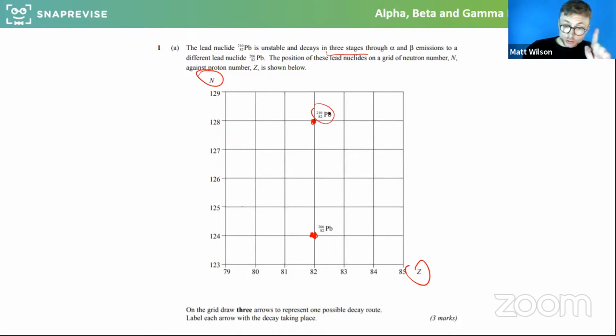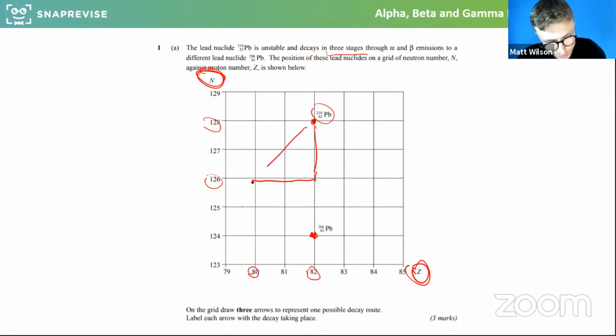Well, it loses 2 neutrons and it loses 2 protons. So what does that mean? Well, our neutron number, which is this one here, should go down by 2, and our proton number should also go down by 2. So we went down from 128 to 126, and we'll go down from 82 to 80. We lose 2 of each. So we should end up here. So if we do an alpha decay, we end up here.